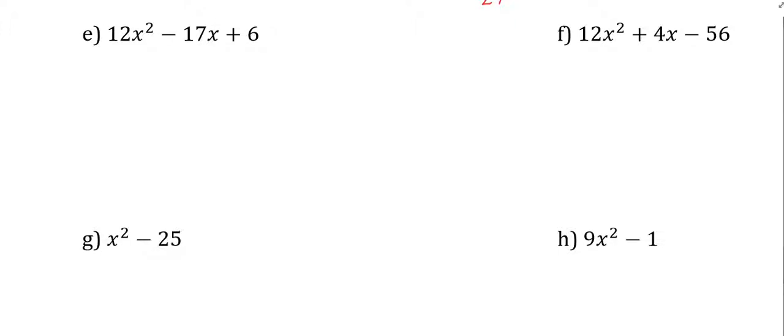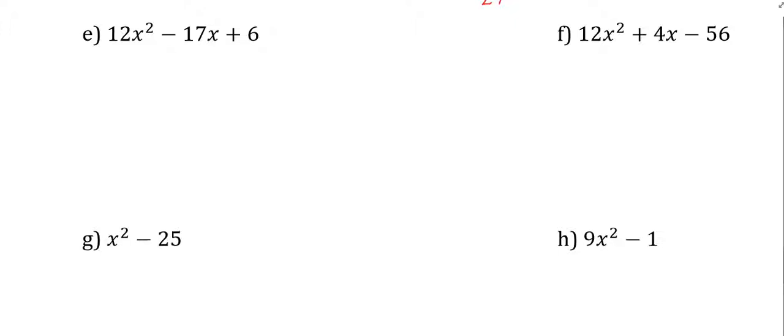Common factor. So does this one have a common factor? 12 and 6 both can be divided by something that's the same, but not 17. So it's got to come out of all of them. So E has no common factor. What about F? It does have a common factor. How do we know? They're all even. So we'll do that when we come to it.